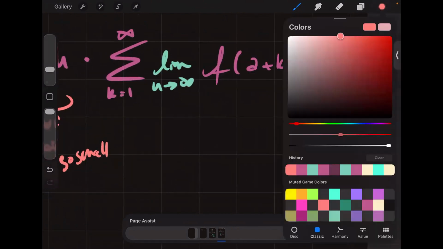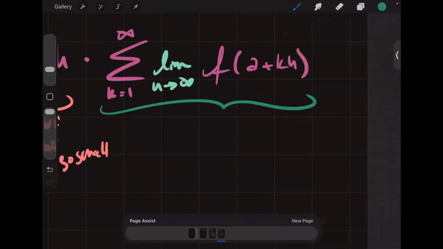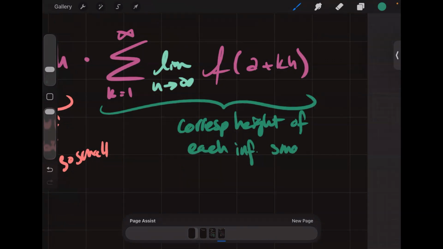And this, in a different color, is the corresponding height of each infinitely small box.